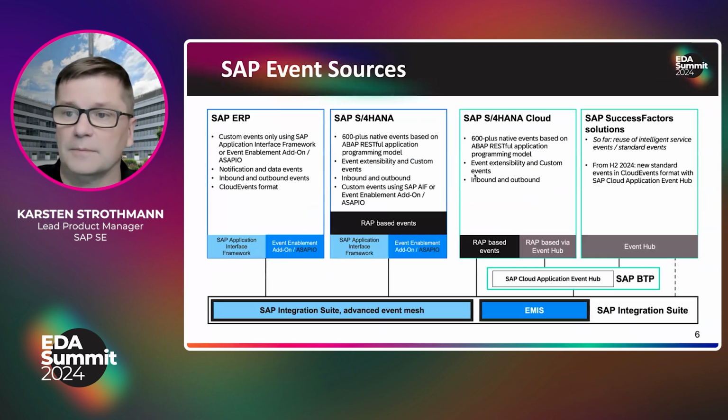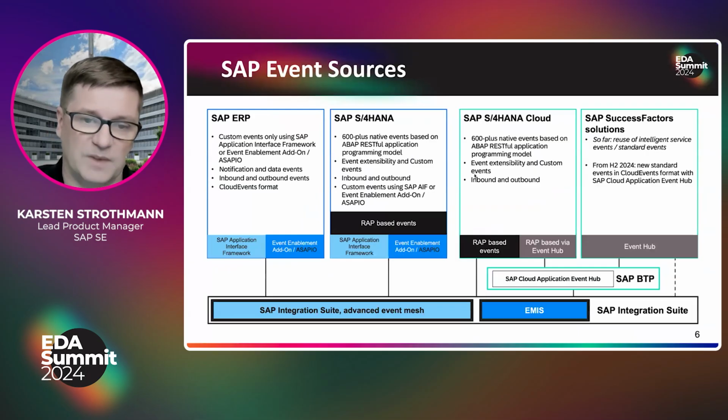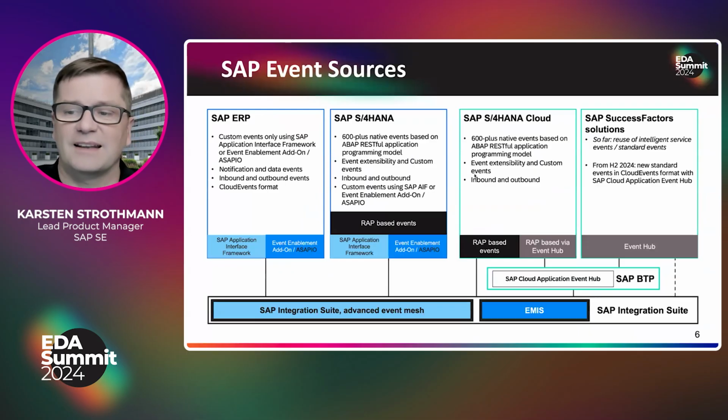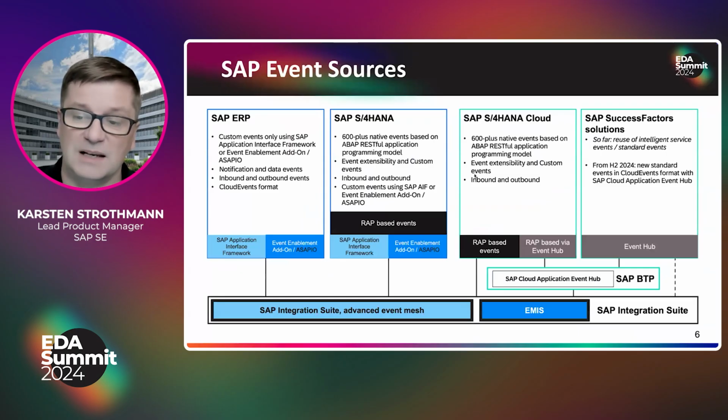Then there is SAP SuccessFactors. Here, so far, you have been using intelligent service events to expose events to Advanced Event Mesh. Now we're going to use the Event Hub, the Cloud Application Event Hub, to expose a different kind of events.